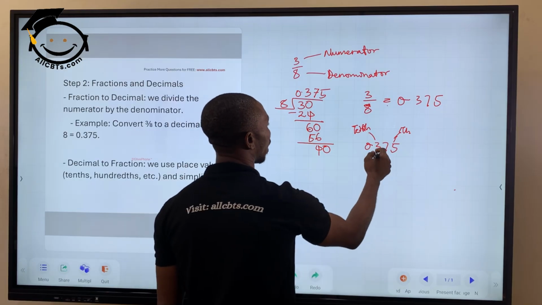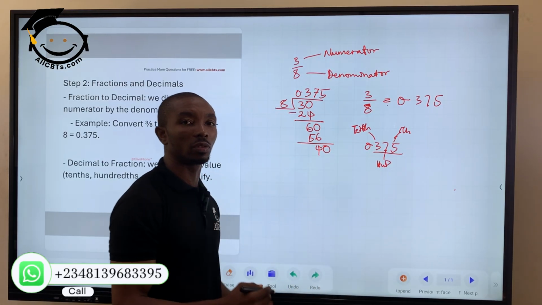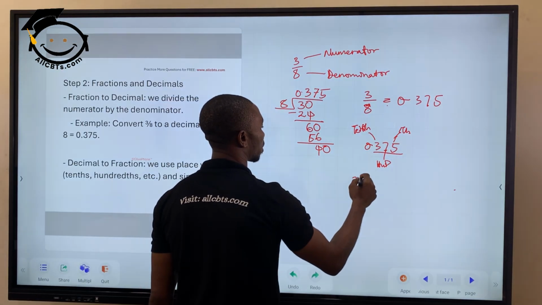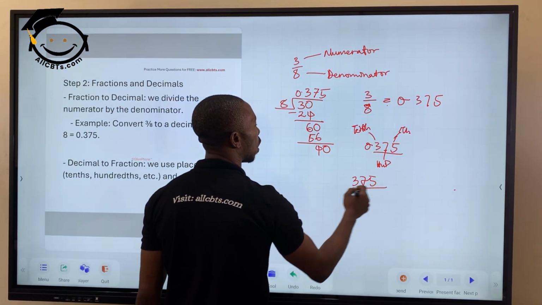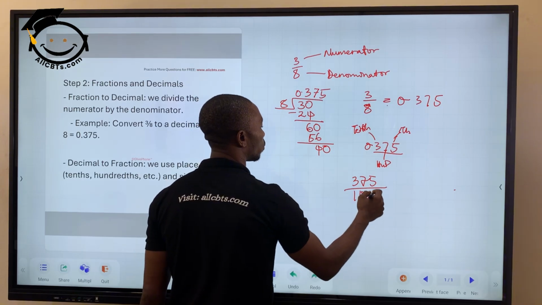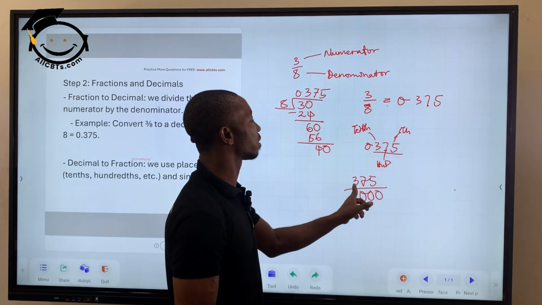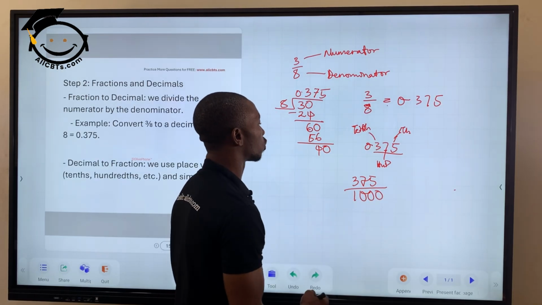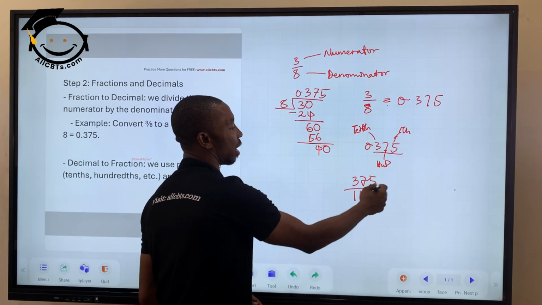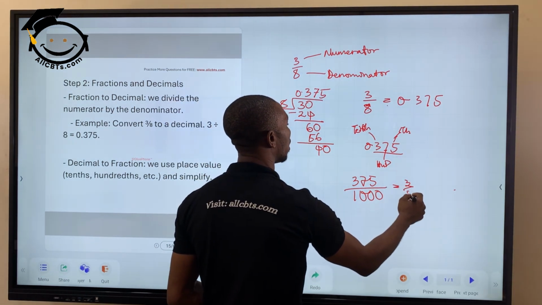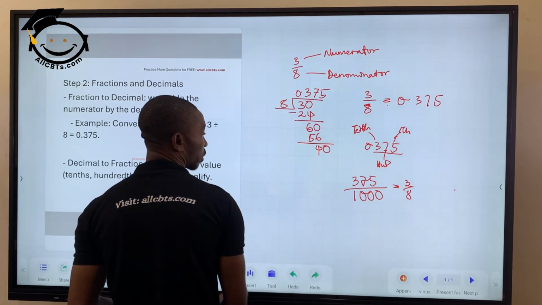Now, so since we have 3 digits after the decimal point, we are going to have this as 375 all over 1, 2, 3 zeros. So these 3 zeros represent the 3 digits. So with this, we can break this down to get 3 over 8. All right, let's look at another example.